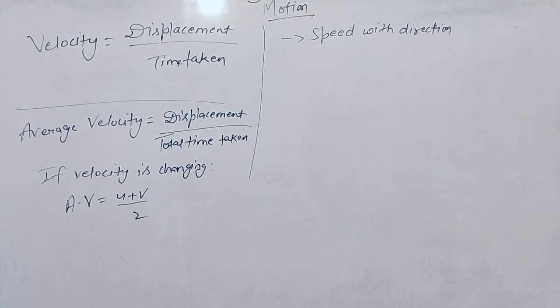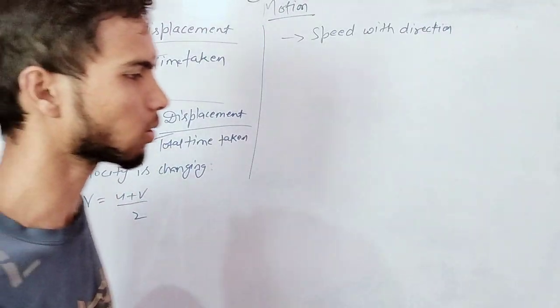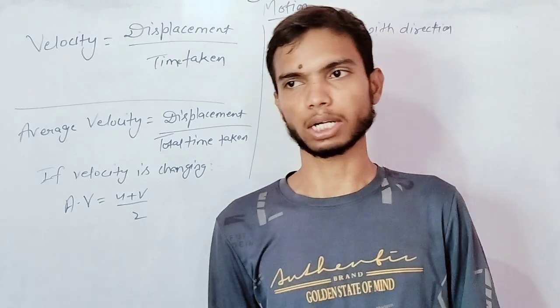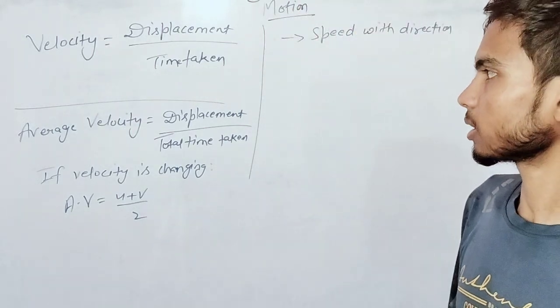That's why velocity is said to be a vector quantity, because it is showing direction.